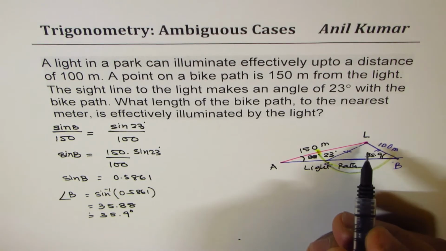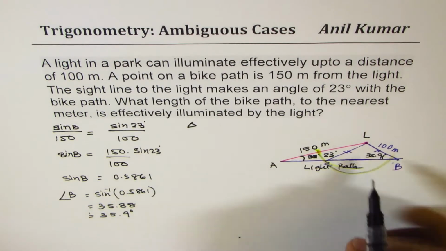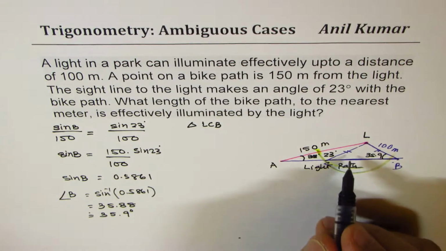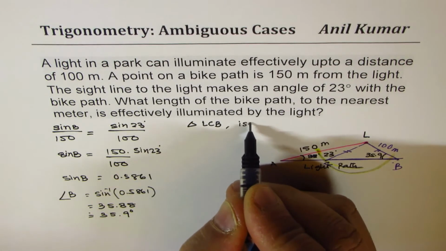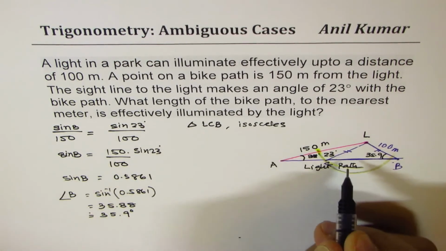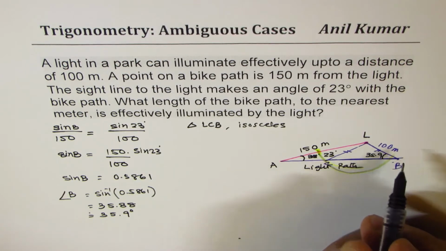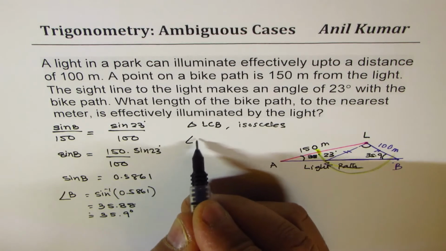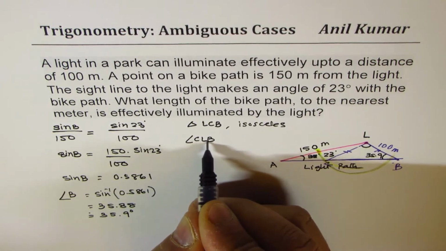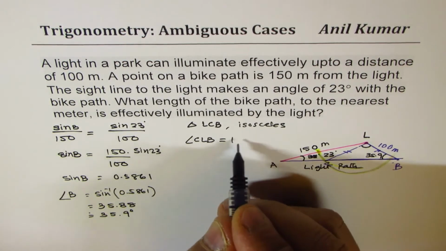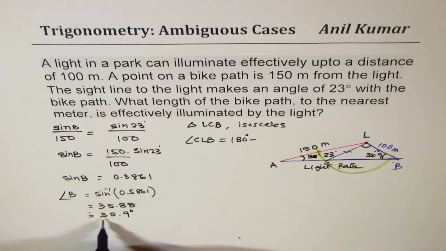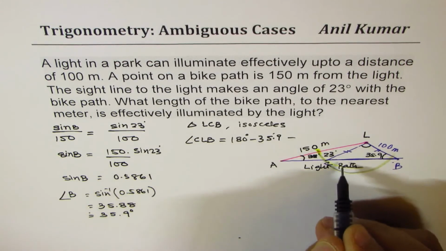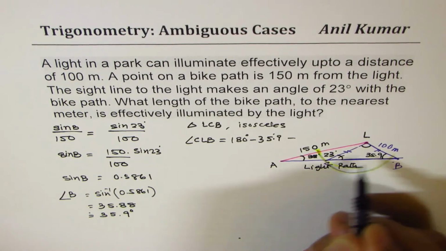Since the triangle LCB is isosceles, since these two sides are 100, we can find what angle CLB is. So angle CLB should be equal to 180 degrees minus 35.9 minus 35.9, because this is also equal to 35.9.